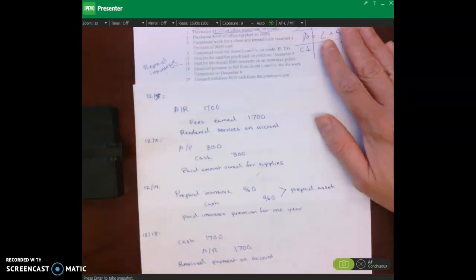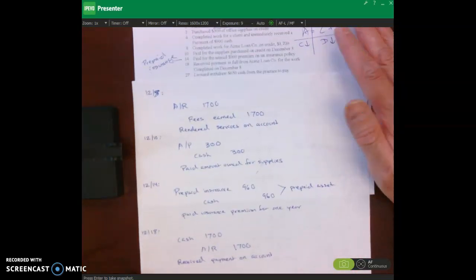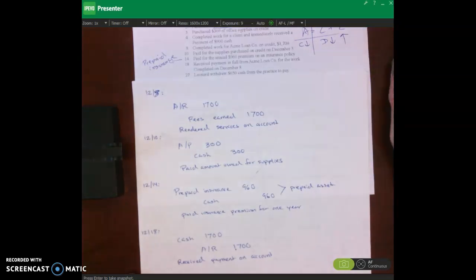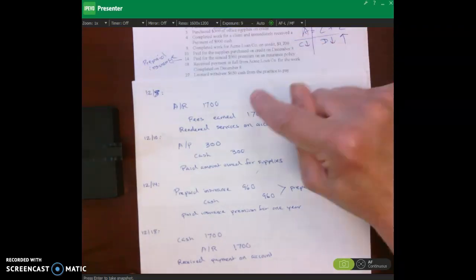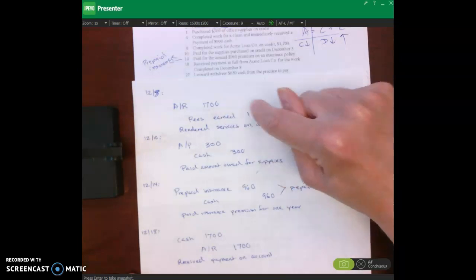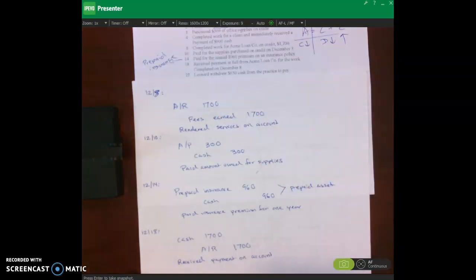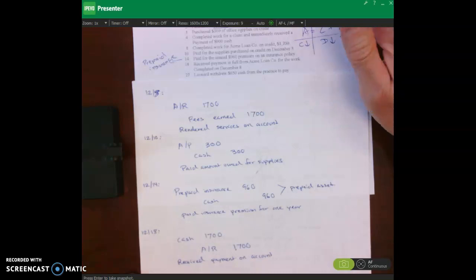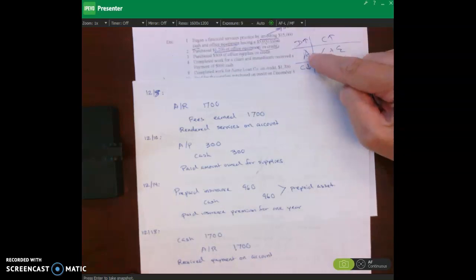So on the 18th, it says received payment in full for the work completed on December 8th. So on December 8th, remember, we debited accounts receivable, credit fees earned. So now we're getting paid for that. So we're getting paid. That means cash is going up. How do I recognize that cash is going up? Well, cash is an asset.